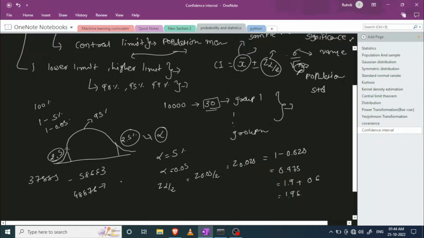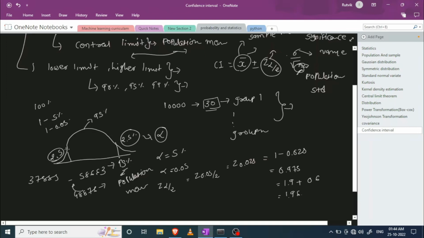This is the population mean, right? The population mean is falling in this range, in this interval. So I'm 95% confident about this.